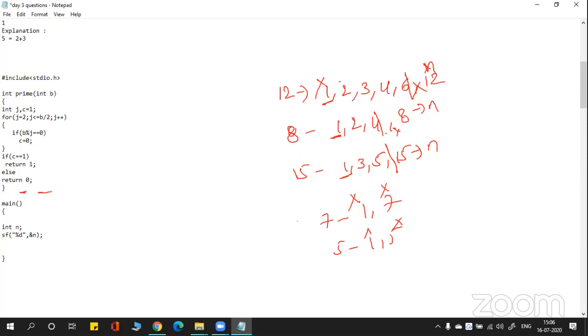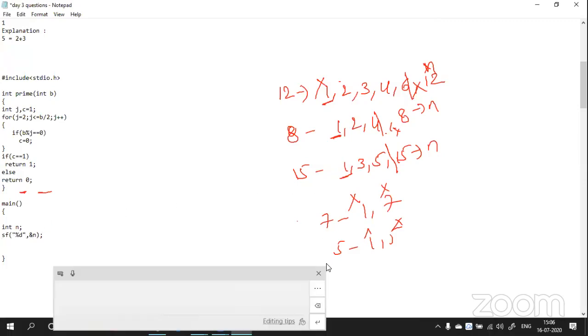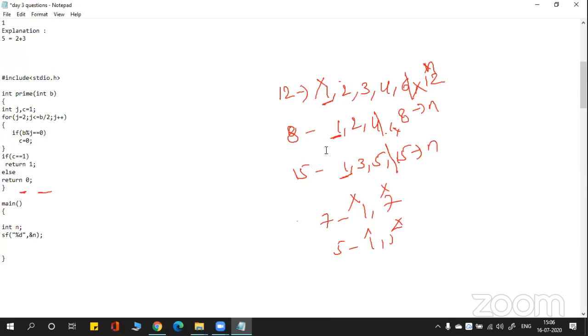Next, what did we do? We created an array of all the prime numbers. After that, we kept adding numbers and checked whether the sum is a prime number or not.